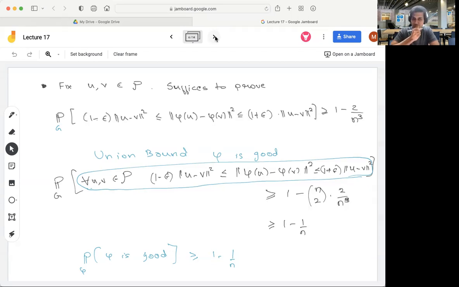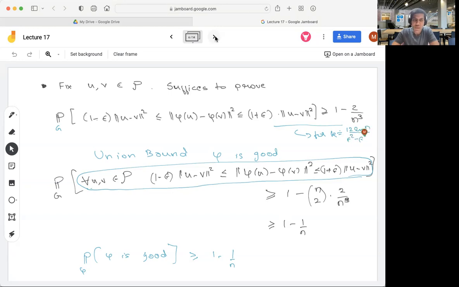So we had a condition for k to be less than or equal to some logarithmic function of n. Will that still apply? Yes, that will still apply. I will only be able to prove the statement for k equal to the same kind of bound that I had, ln n divided by some function of epsilon.